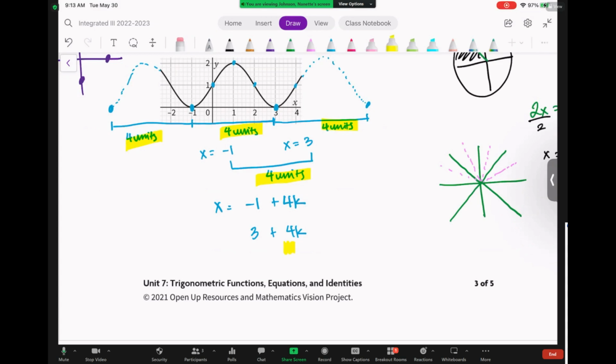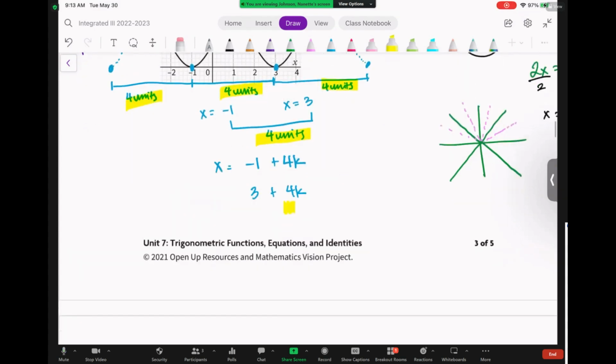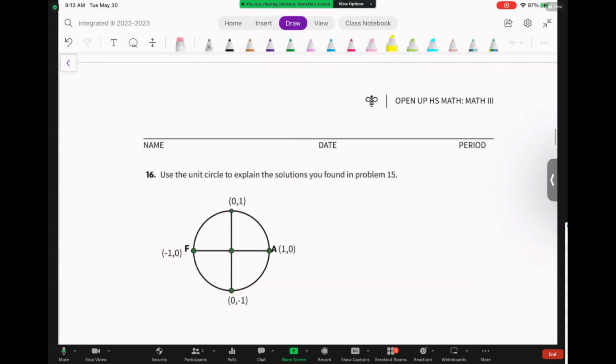When x is -1 is the first time that we find our solution. Does that make sense? So where is x -1? Oh, it's right here. So here's x is -1, and here's our solution. And then it equals 0 again at -1 plus 4.